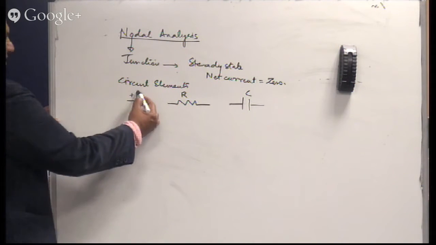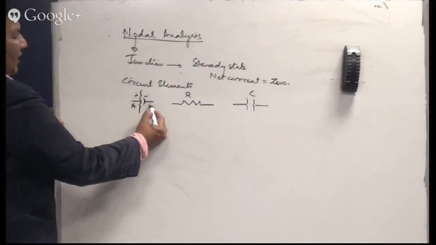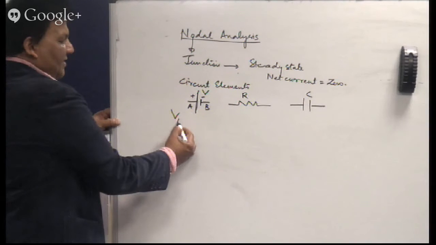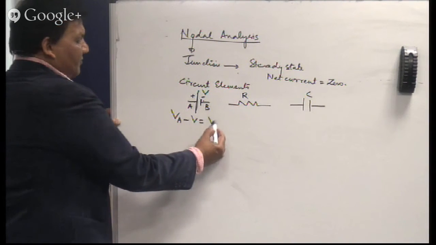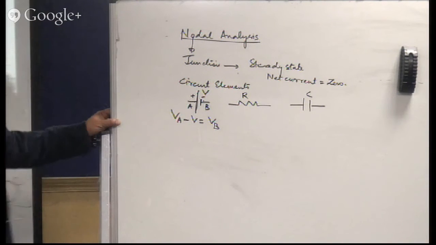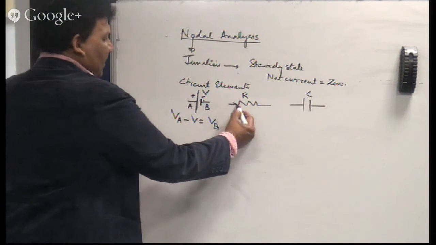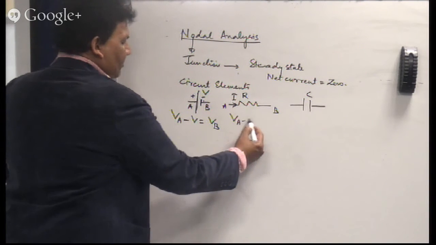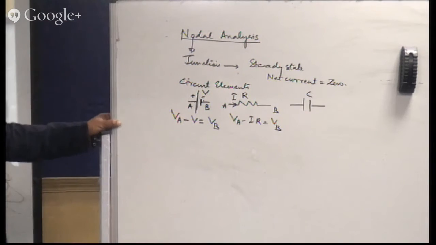We say this is at a higher potential, this is at a lower one. That means when I move from A to B, if the potential difference is V, can I say VA minus V is VB? Will that work? If this current is I, this is A and this is B, can I say VA minus IR is VB? Current always flows from higher potential to lower potential.